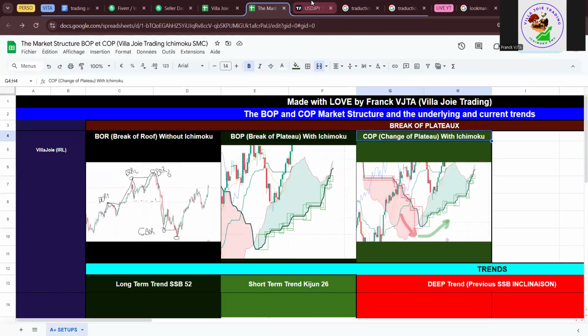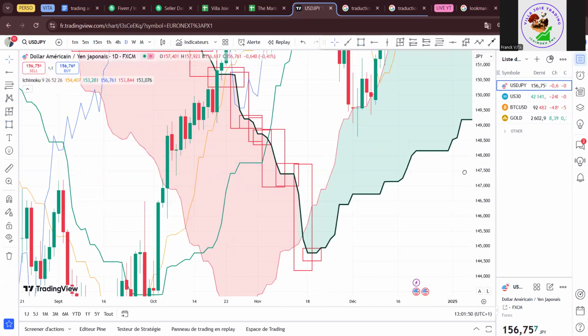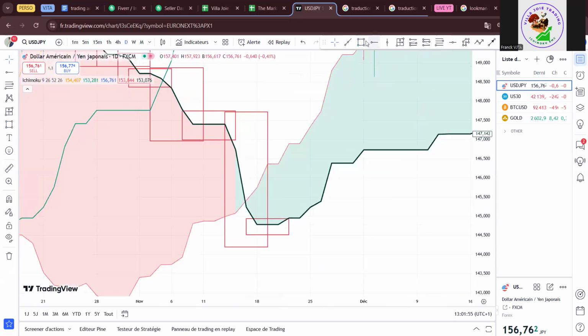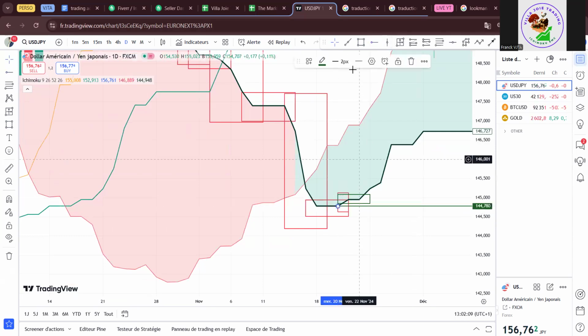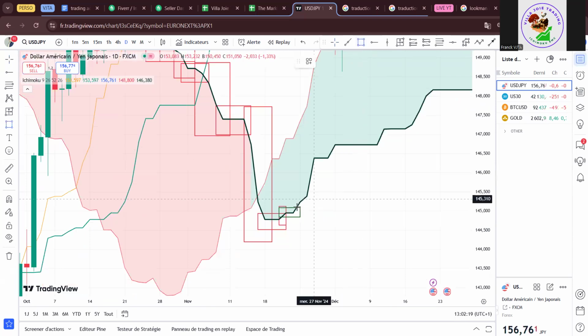COP, the change of plateau, is simply the fact that from this last plateau down here, we have an inclination to the upside, and then we have another plateau, but this plateau is higher than this one. You see the difference, right? So now after that, we have a change of plateau.